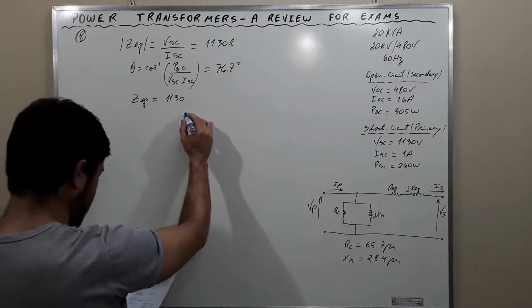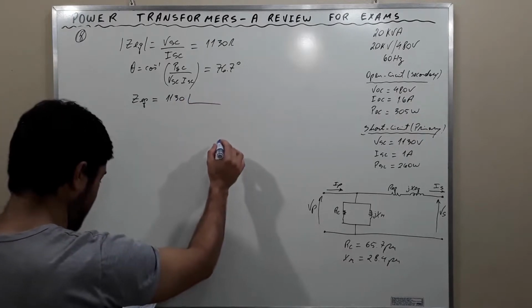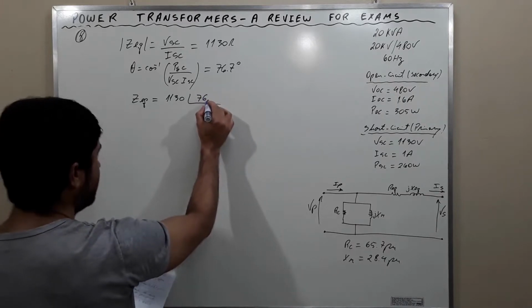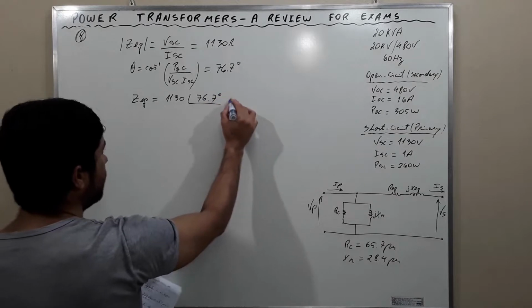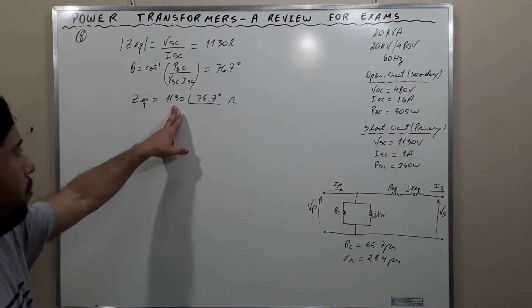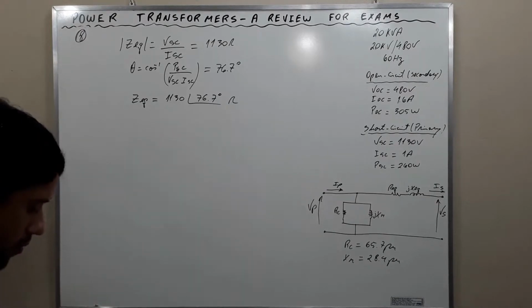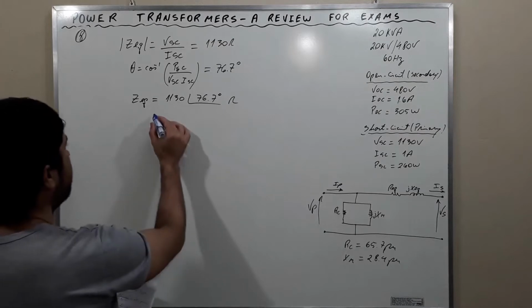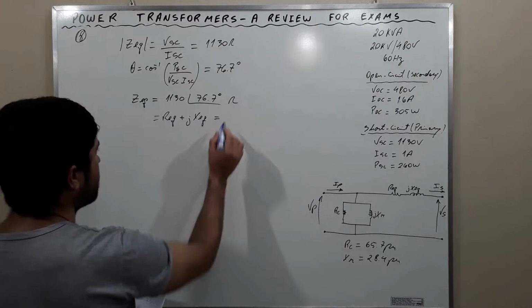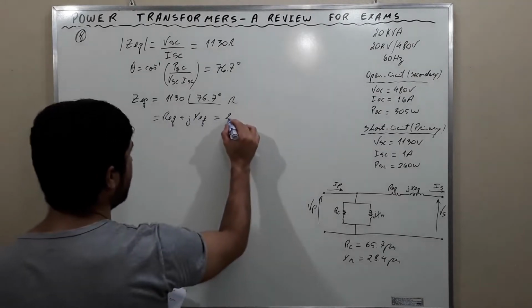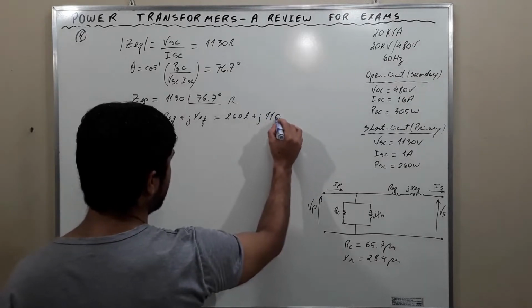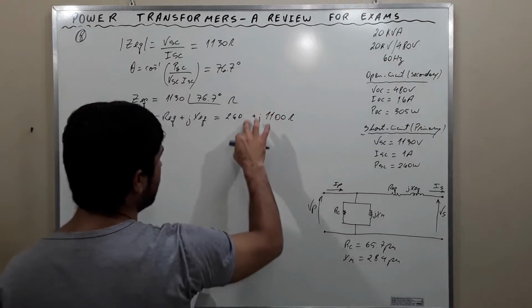And in this way, the equivalent impedance is going to be 1130 phase 76.7 degrees ohms. Okay, if we convert this polar form to the Cartesian form, we're going to find that Req plus j Xeq are equal to 260 ohms plus j 1100 ohms.